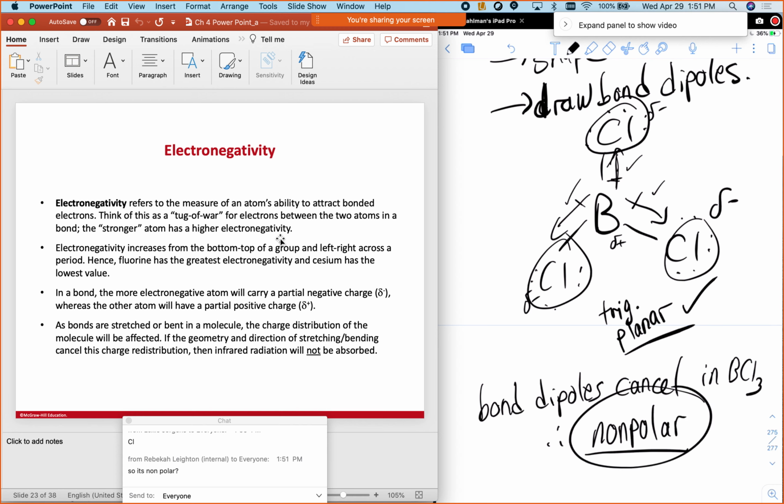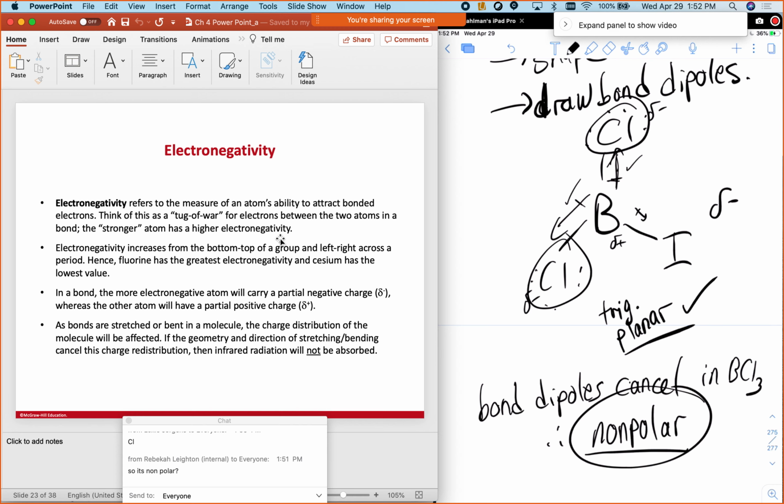Okay? So as soon as you change one of these, and say, instead of chlorine, now let's say iodine, it's no longer going to cancel. Iodine is less electronegative, so this arrow would be maybe like that.